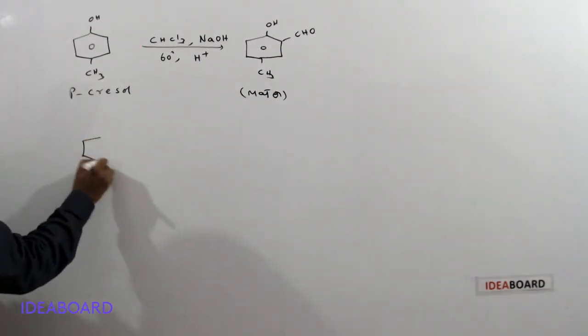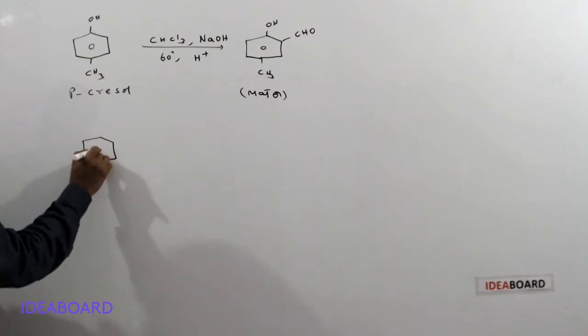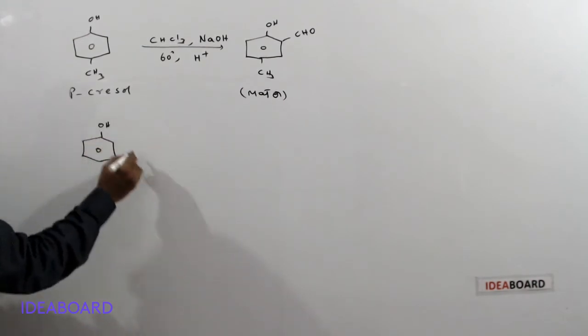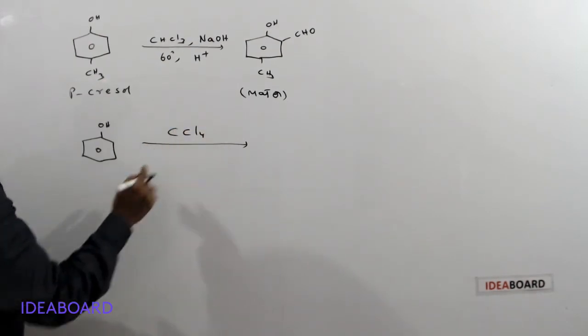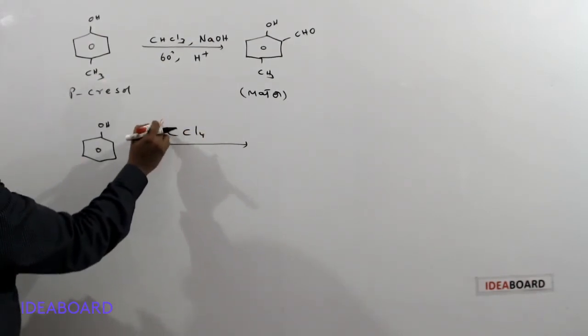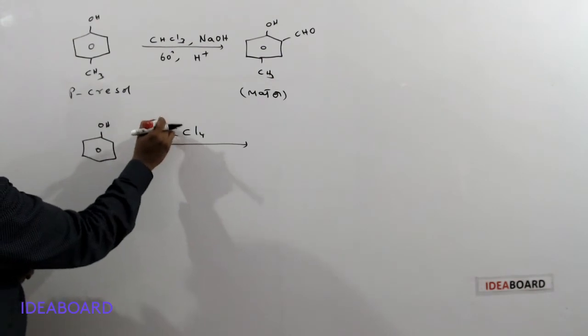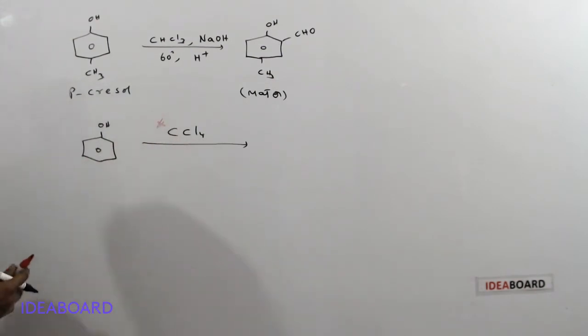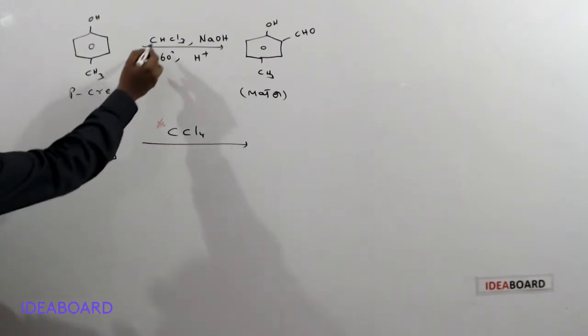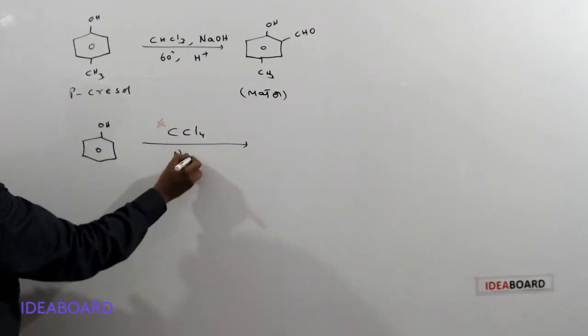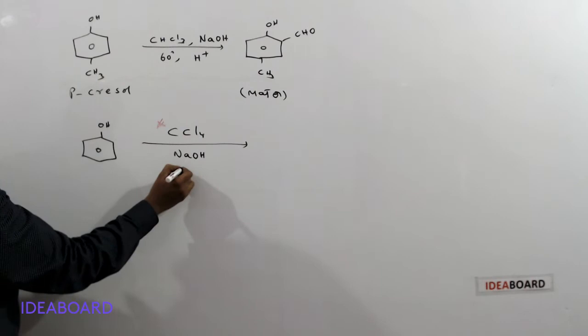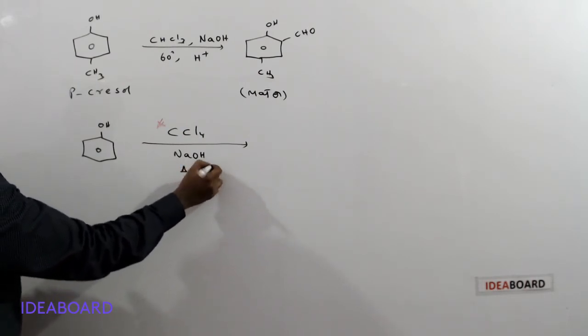And another important question they are asking based on this OH: if they are giving CCl4, please remember, very important, sometimes they give CCl4 instead of chloroform CHCl3. If they are giving CCl4 and NaOH, the same high temperature, and H plus followed.